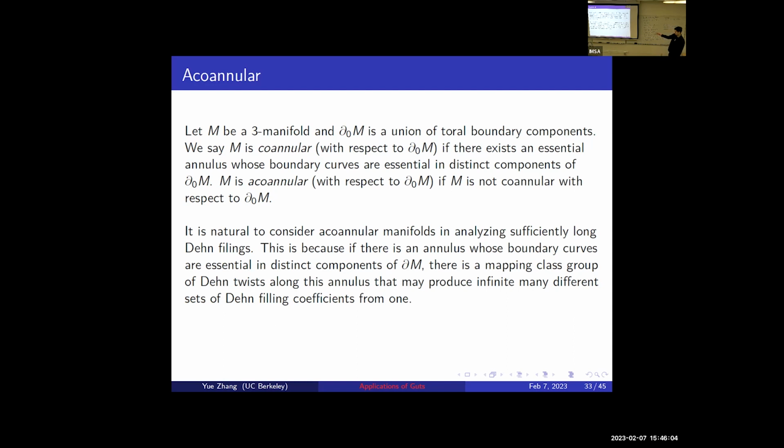So we need to remove that to prove properties for sufficiently long Dehn fillings. A very important note: a hyperbolic 3-manifold is acoannular, and so in this talk we generalize some properties for hyperbolic manifolds to acoannular manifolds.